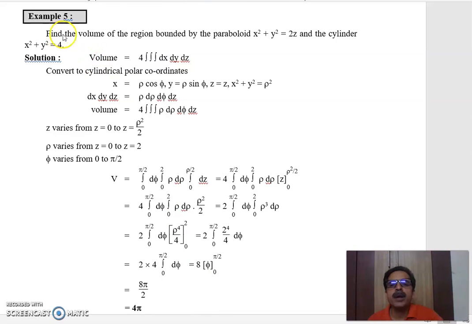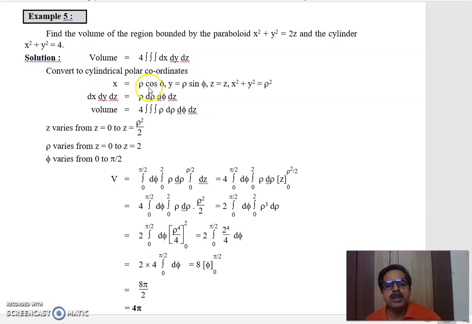Let's see the fifth problem. Find the volume of the region bounded by the paraboloid and the cylinder. So here we use the concept of symmetry, and we first find the volume which is present in the positive octant, and we multiply that volume by 4 to get the required value.